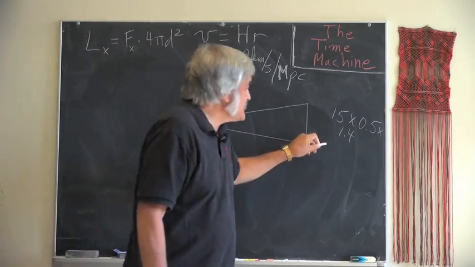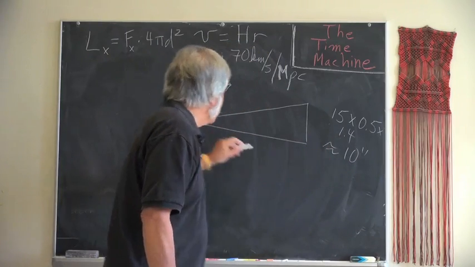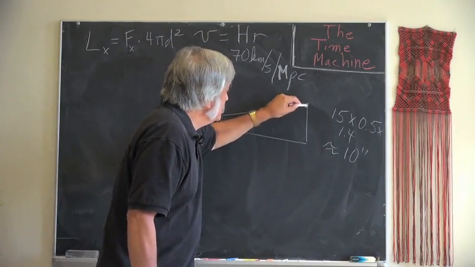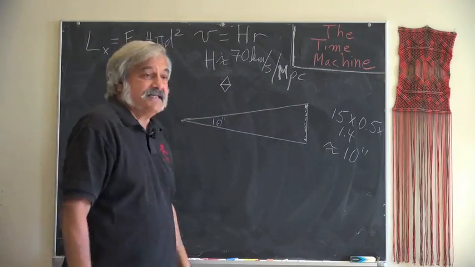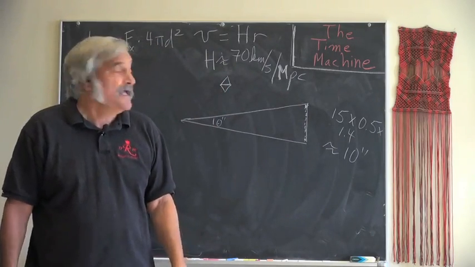And this works out to about 10 arcseconds. So the jet itself is 10 arcseconds in angular extent.